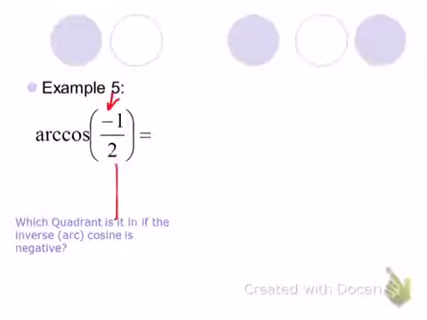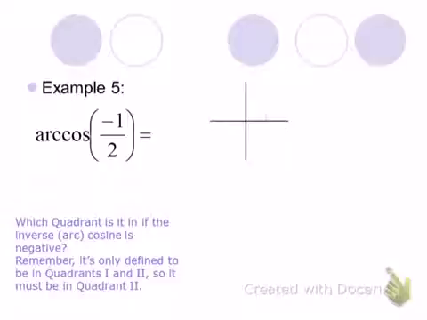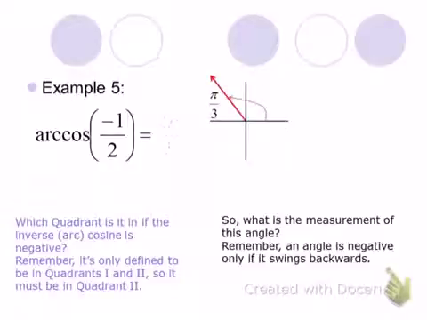What angle is pi over 3 in the second quadrant? You can use your unit circle or you can use your table of values. What angle is that? 2 pi over 3 is correct. We're looking for second quadrant pi over 3, which is 2 pi over 3.